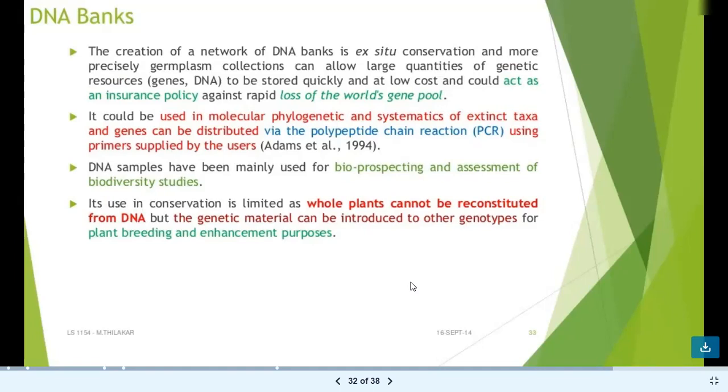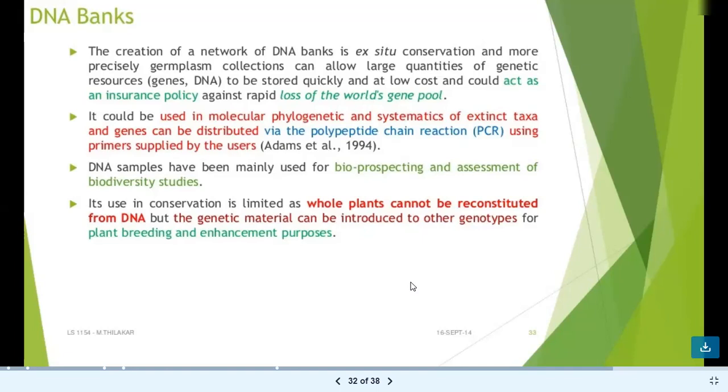It could be used in molecular phylogenetics and systematics of extinct plant taxa, and genes can also be distributed via the polymerase chain reaction using the primers, which are basically DNA primers, supplied by the users.